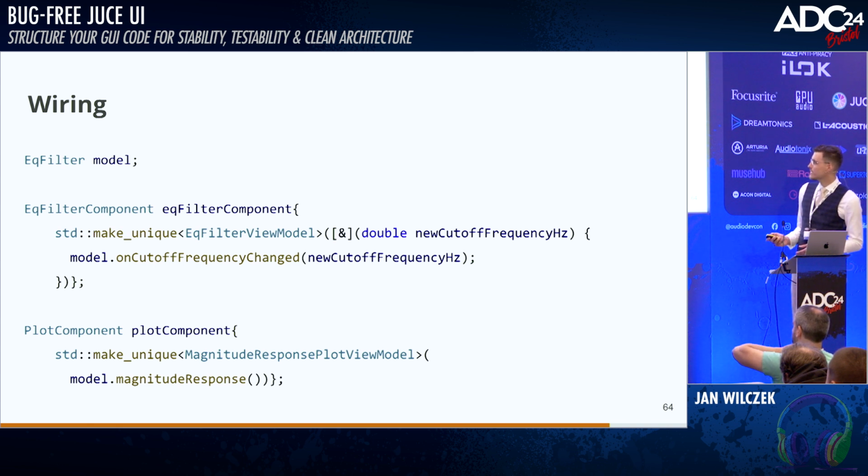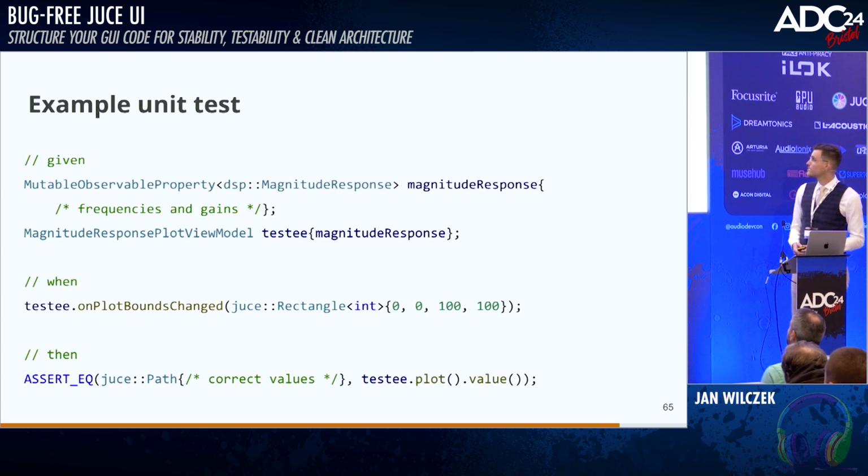So the flow is that if the user changes a frequency slider, the component notifies the view model, which notifies the model, which calculates the magnitude response and publishes it. The view model responsible for plotting gets it, changes the magnitude response plot, and the component that's responsible for showing it on the screen can repaint it.